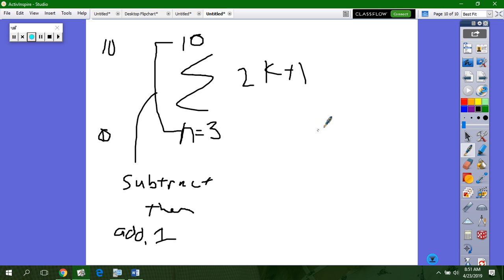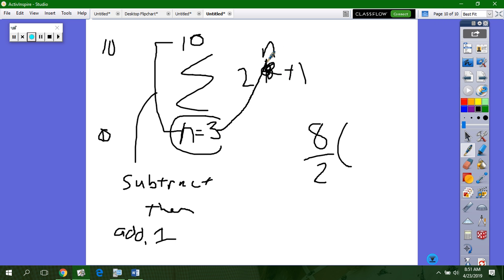What's our beginning term? Well, excuse me, this should be n instead of k. So n is 3. I plug it in. Our beginning term is 7, is it not? 2 times 3 is 6. 6 plus 1 is 7. Once again, plugging 3 in for n. 2 times 3, 6 plus the 1. What's our last term?